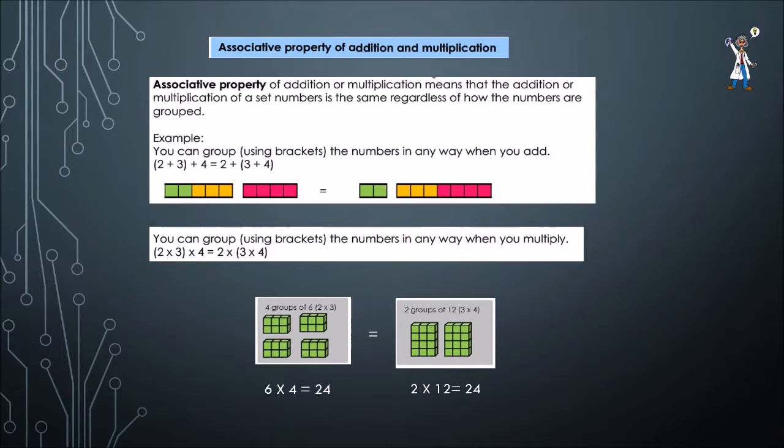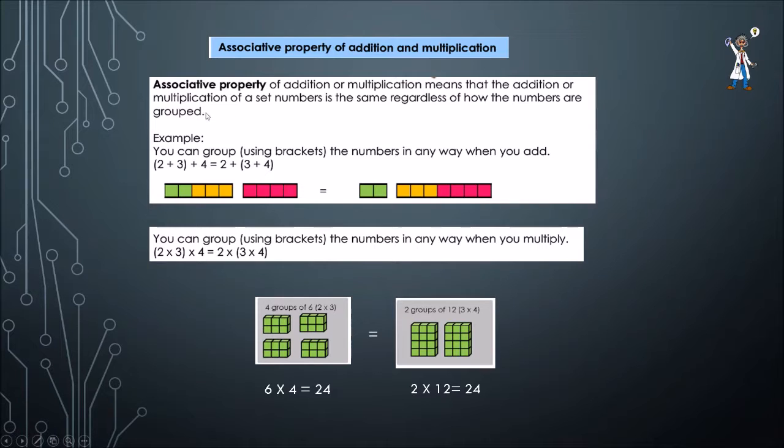Let's look at the associative property. The associative property comes from the word associate with, so that means more to do with grouping. The associative property of addition or multiplication means that the addition or the multiplication of a set of numbers is the same regardless of how the numbers are grouped.